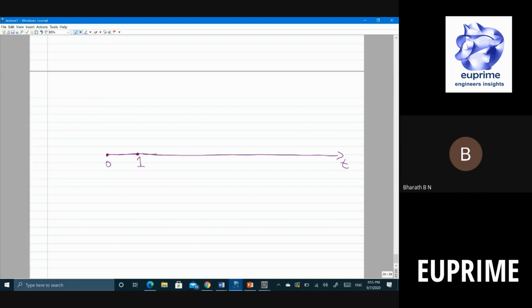Again I toss, suppose it turns out to be a tail, I don't increment. Again I toss, it turned out to be a head, so I increment it to 1. At 3, it turned out to be one more head, so I increment it. At 4, I toss it, it turned out to be a tail, so I keep it as it is. At 5, it turned out to be a head, so I increment it. Something like this, keep on doing that.